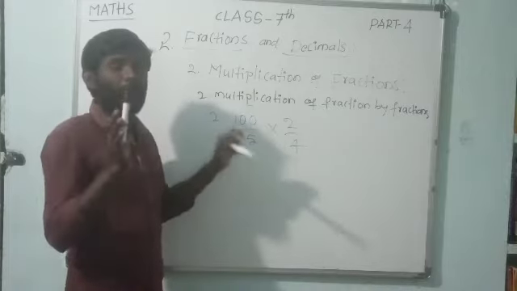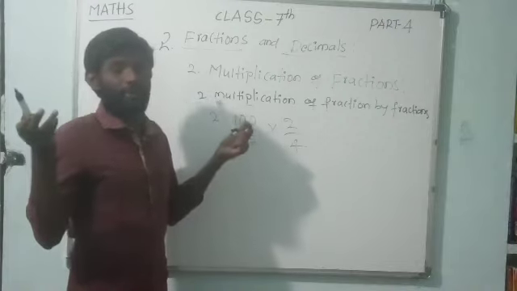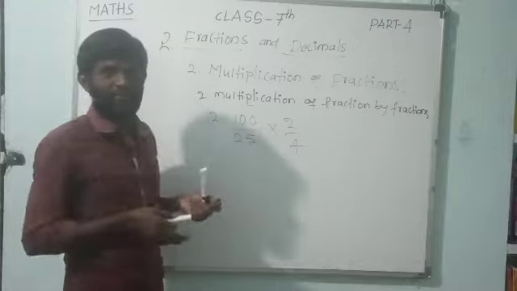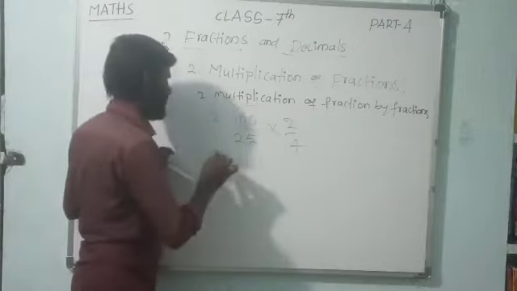Especially when we are multiplying fractions, it is not considered whether it is a proper fraction, an improper fraction, or a mixed fraction. We don't consider like that. Whatever fractions they may be, just multiply.